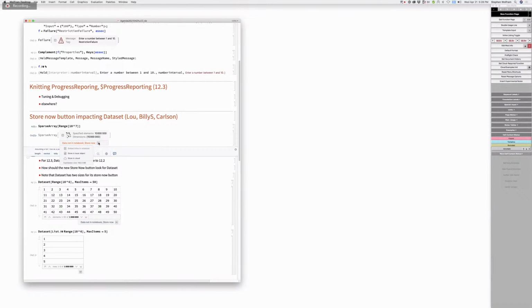So you have this shiny new button. Why does that icon there agree with the first icon in this list here? It just seems wrong. Store now, it should just be a chevron there. And also the placement of this seems very funky.